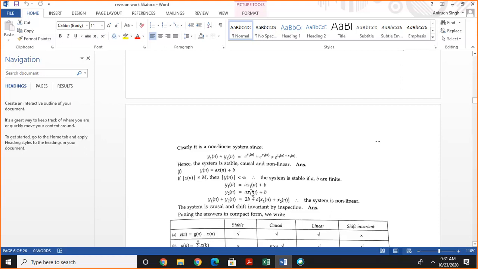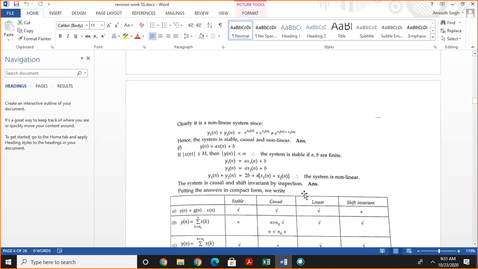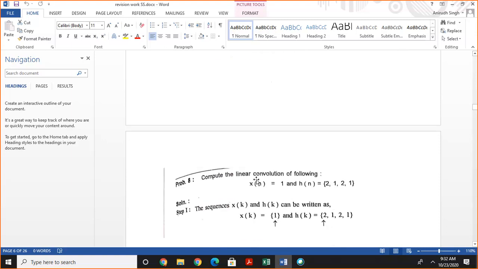Next question, y of n is equal to a x of n plus b. This is a non-linear system. When we take x1n, y1n is this. When we take input x2n, then y2 is this. And if we add these, we get this expression.